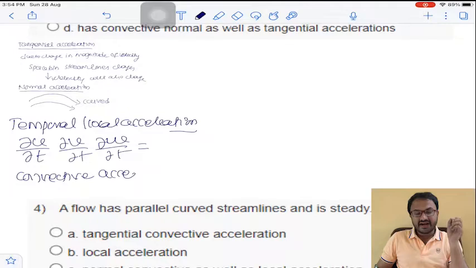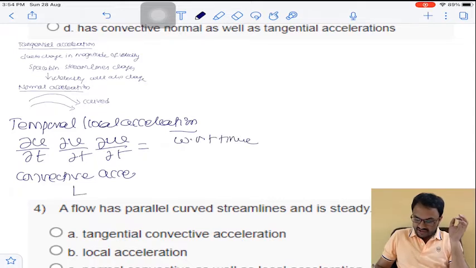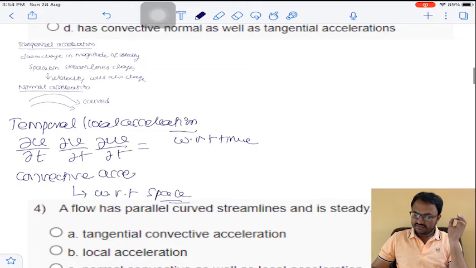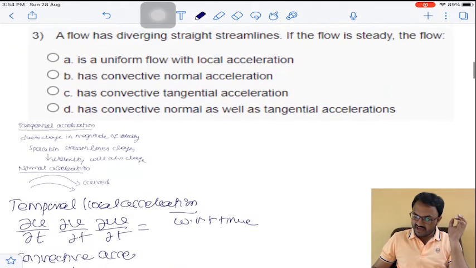So the same rate of change of velocity vector with respect to space. Temporal means with respect to time. Convective means with respect to space. Clear? Now he has given the question as the flow is steady. So the flow is steady means all the parameters, for example, let us consider a particular parameter called velocity of flow.